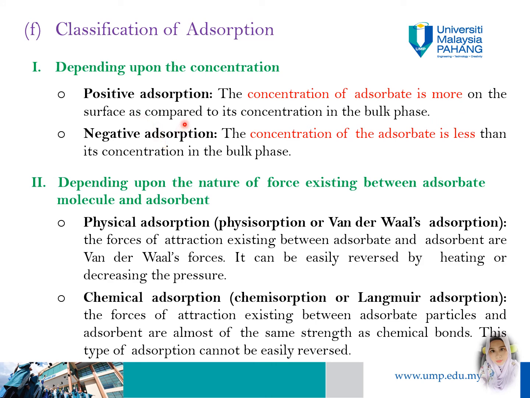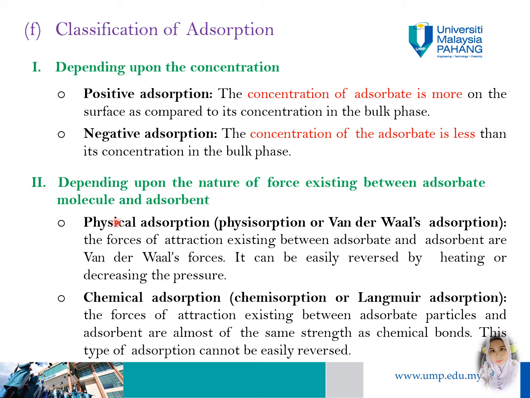For example, when a concentrated solution of KCl is shaken with blood charcoal, it shows positive adsorption. For negative adsorption, the concentration of the adsorbate is less than its concentration in the bulk phase. For example, when a dilute solution of KCl is shaken with blood charcoal, it shows negative adsorption.